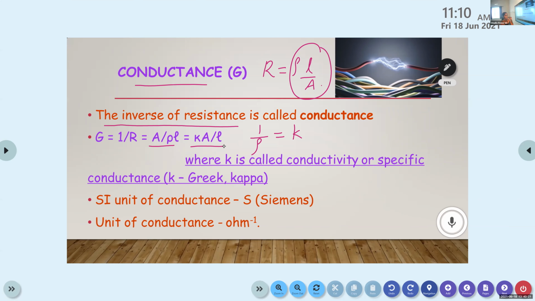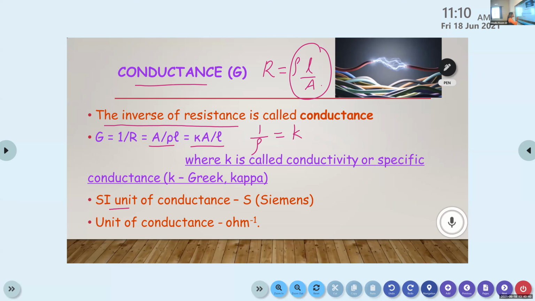K will be pronounced as kappa, from a Greek word. The resistivity rho is also originated from a Greek word, rho, and here it is kappa.